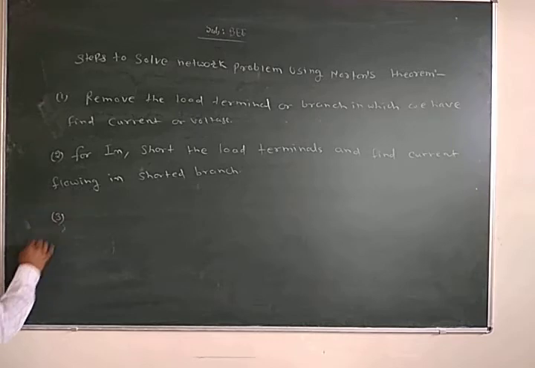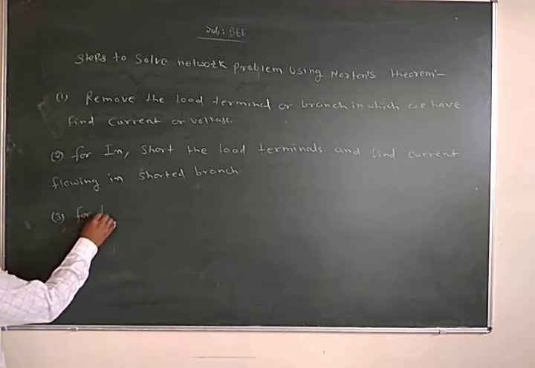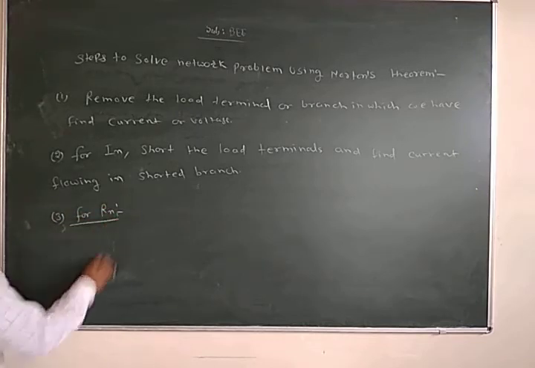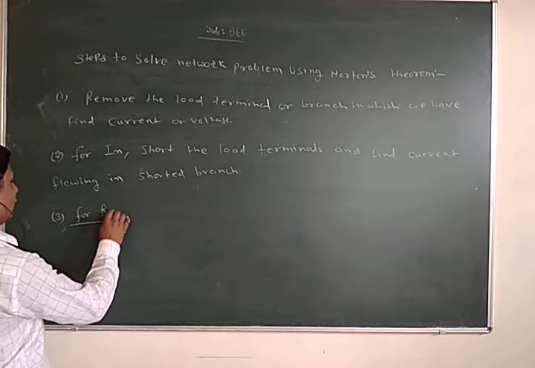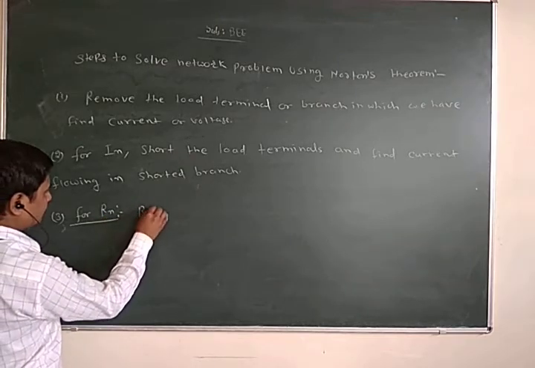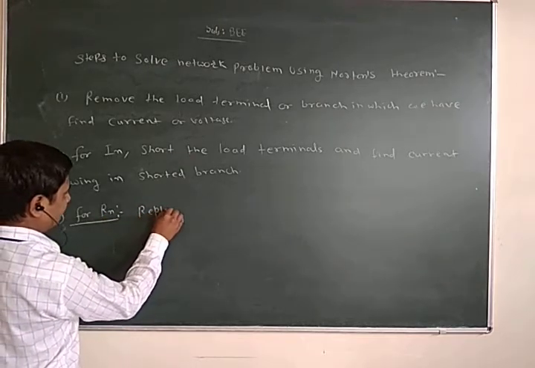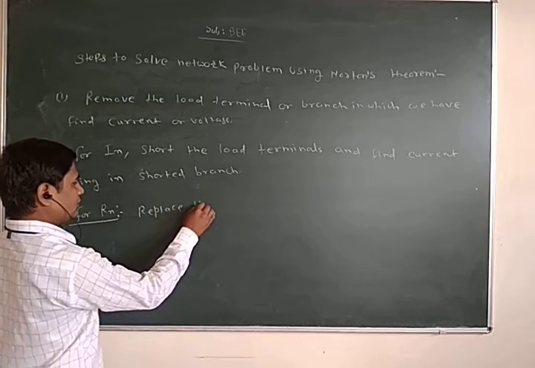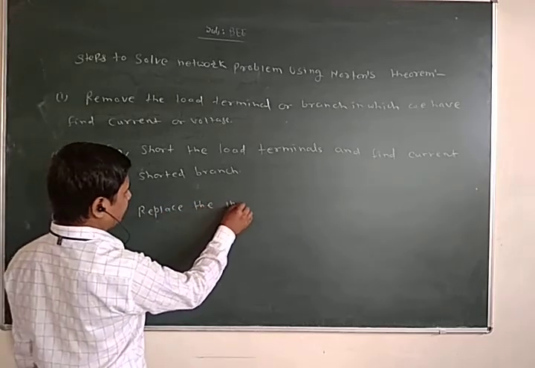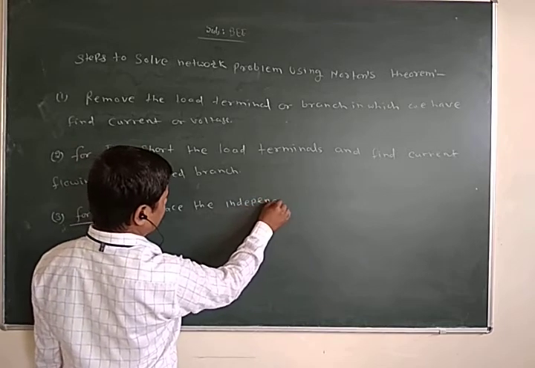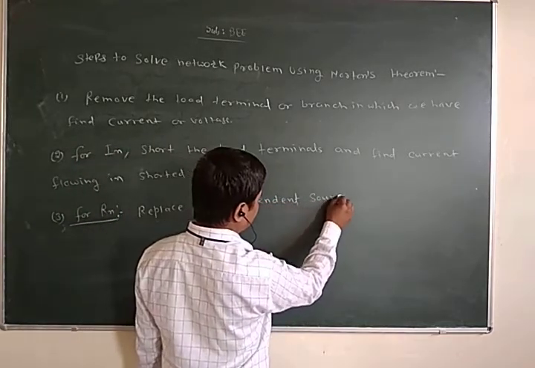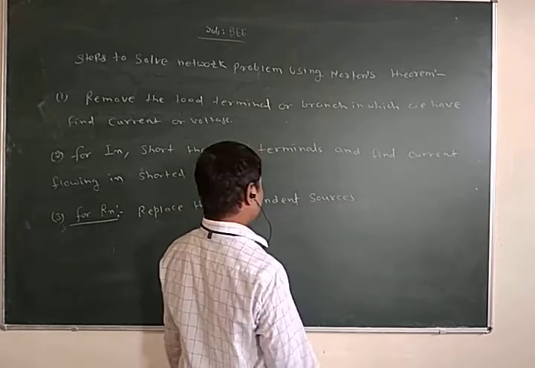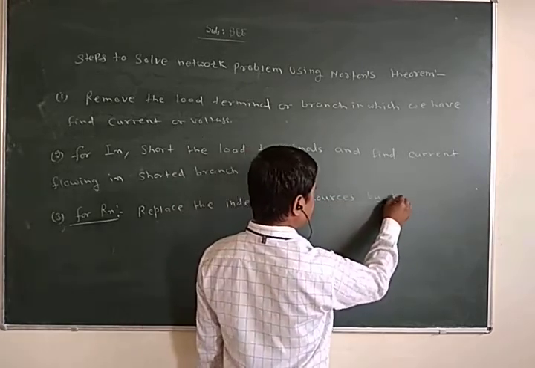Third is for RN, to find the value of Norton's equivalent resistance: replace the independent sources by their internal resistance.